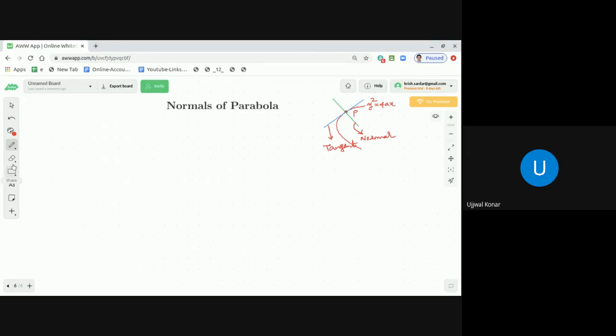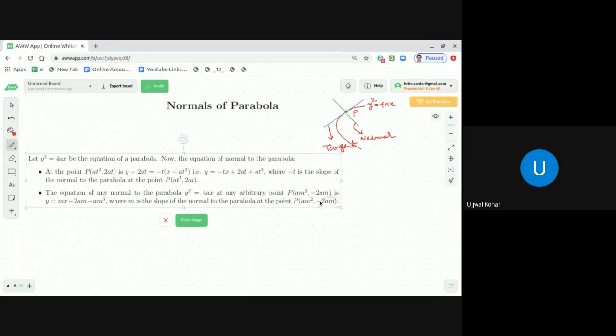Okay, so now this is the fundamentals about the tangents and normals. Now let y square equal to 4x be the equation of a parabola. Then I'm going to show you the equation of the normal in different forms. And you need to remember those things, dear students. Okay, so here it is.